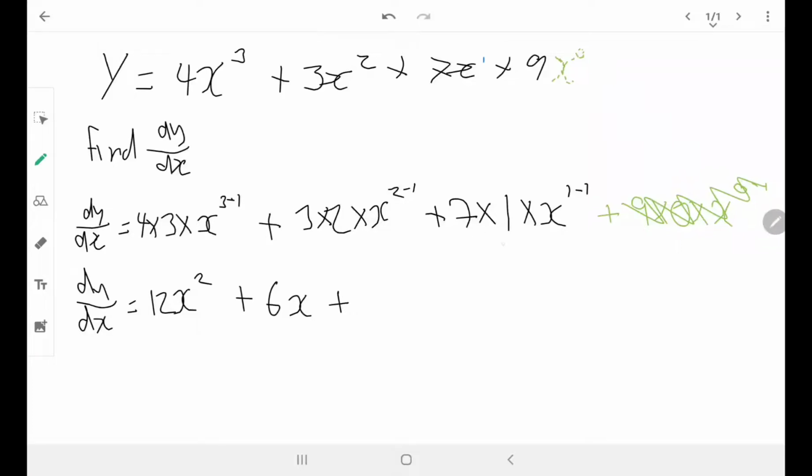Then I've got 7 times 1 is 7, and then x to the power of 1 minus 1, or x to the power of 0. And anything to the power of 0, which hopefully you've learned at some point, is 1. So that's like doing 7 times 1, which is just 7. So our gradient this time, or our change in y over change in x, is 12x squared plus 6x plus 7.